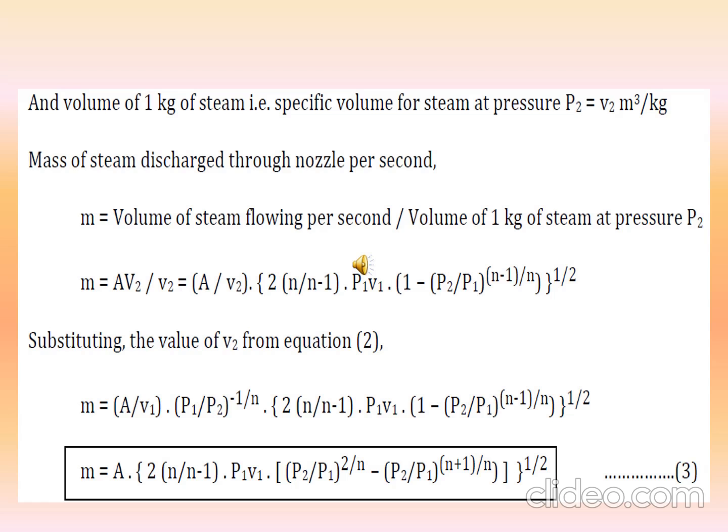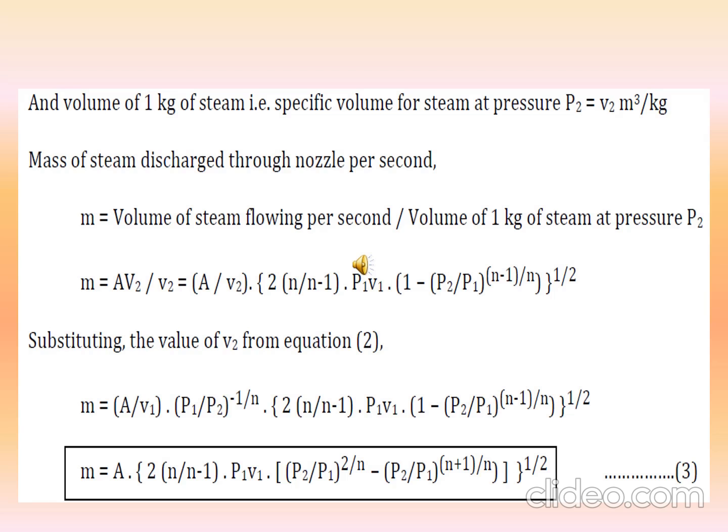Okay, then if we put the value of small v2 from equation 2, then m equals A divided by V1 into P1 divided by P2 to the power minus 1 by n, into 2 into n by n minus 1 into P1 V1 into 1 minus P2 by P1 to the power n minus 1 divided by n, all to the power 1 by 2, or total square root.